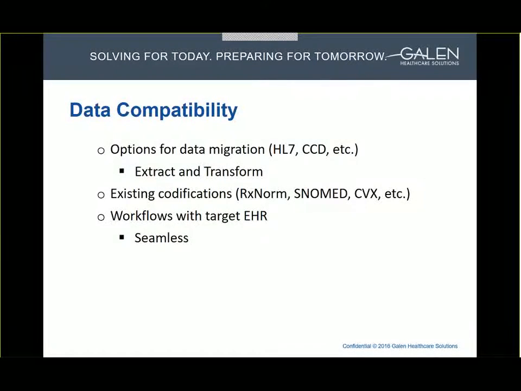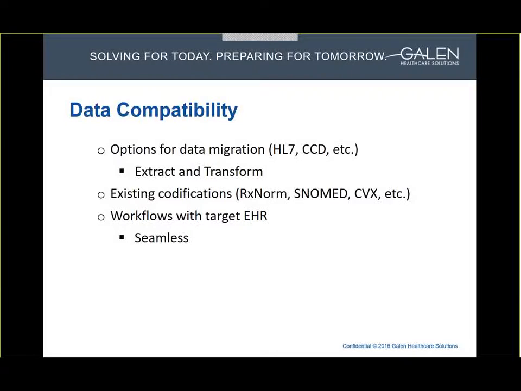We'll also evaluate the formats that the legacy system supports for data extract and assess if they can be leveraged for import into the target system. For example, does the legacy system support a CCD extract? If so, will that CCD deliver the functionality that is required when it's imported into the target system and meet the goals of the data migration project?